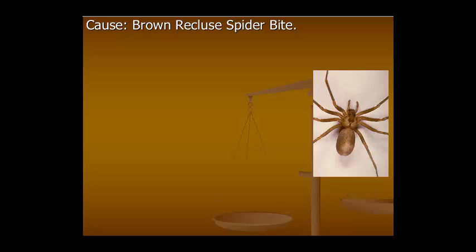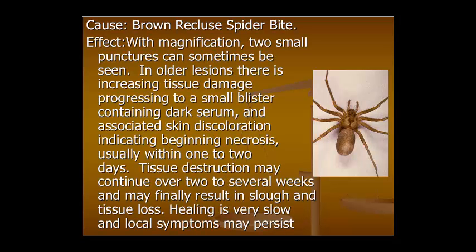And when a brown recluse spider bites somebody, there is often a particular result, an effect from this. In this case, 2 small puncture wounds, tissue damage, a blister, dark serum, skin discoloration, necrosis, which is skin dying, tissue destruction. Healing is very slow.